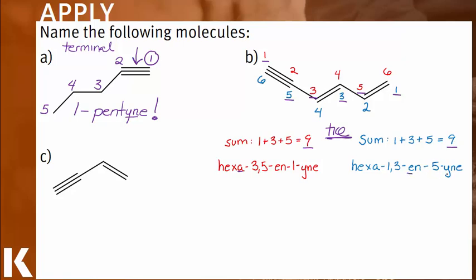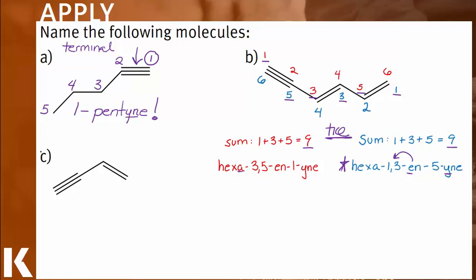Now, E comes before Y in the alphabet, so we want to have lower numbers for the lower letter. So in this case, because of that extra alphabetizing rule, the 1,3-en-5-yne would be the correct way to name this. So anytime that you have a tie in your lowest sum rule, the tiebreaker for that is alphabetizing. The double bond would get the lower number because it comes earlier in the alphabet.